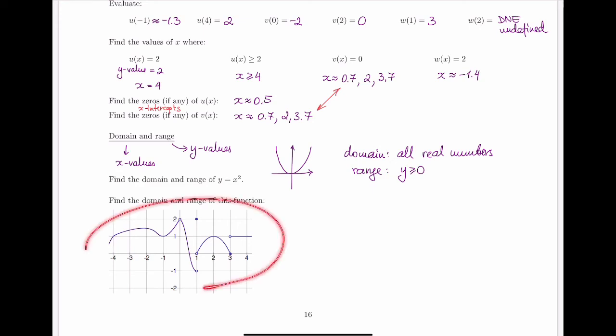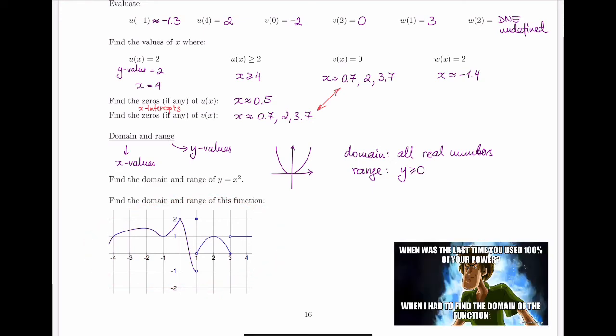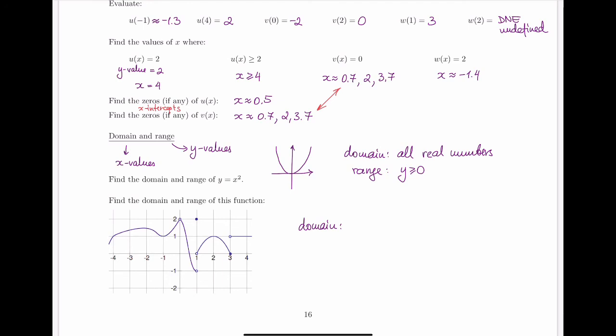If the graph is given to me, but the function is not, then I have to read the exact same information, but from the graph. So for example, in the case of this function, for the domain, again, I have to think in terms of x values. So sweeping along the x-axis here and looking at where my function is, are there any points on the x-axis that are not going to be included? So I notice that I do have a bunch of holes.